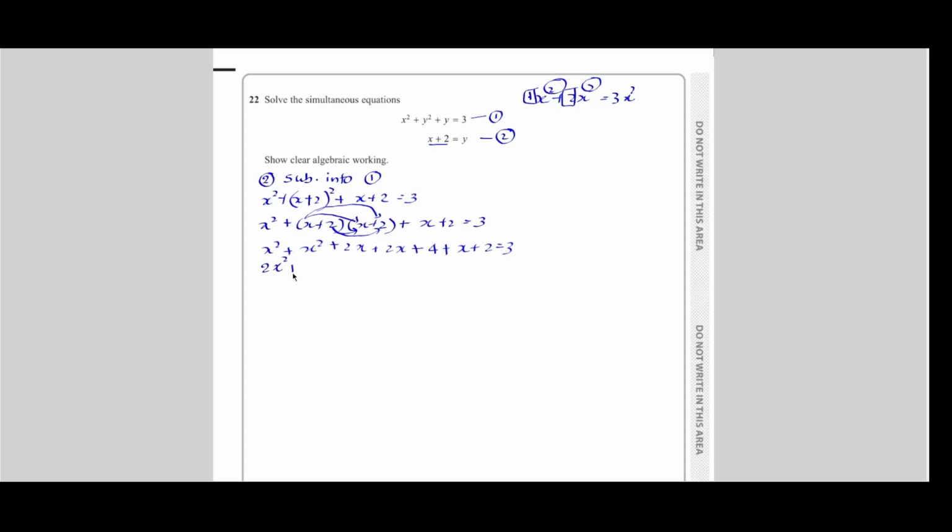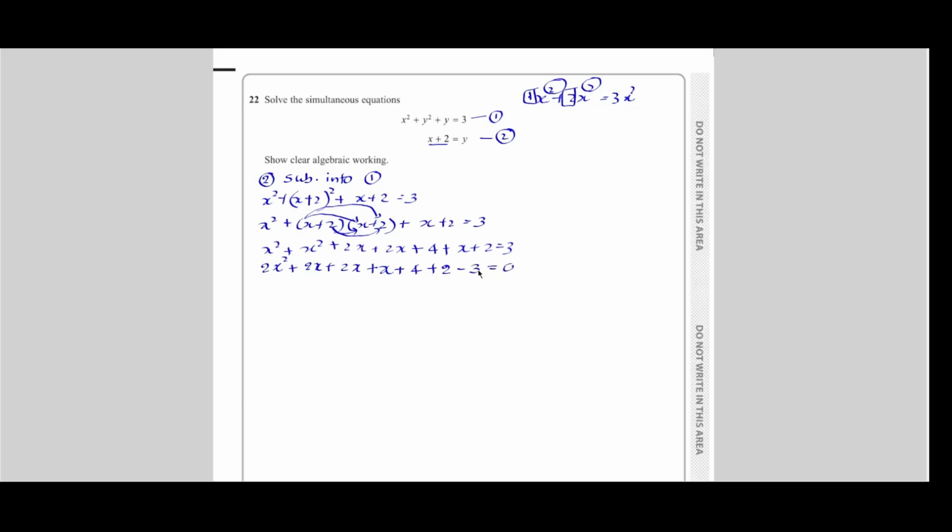Here plus, same things can be added. We call them like terms. Let's collect them. So 2x plus 2x. There is another x here, plus x. I collected them. And after that the numbers, just the numbers without letters. Plus 4, plus 2. I'm bringing this one also to this side. Minus 3 equals 0.